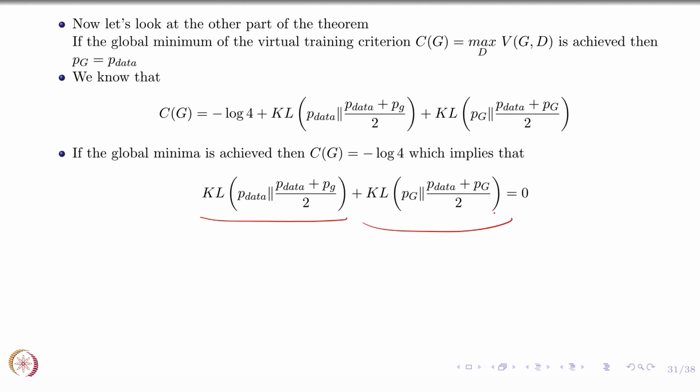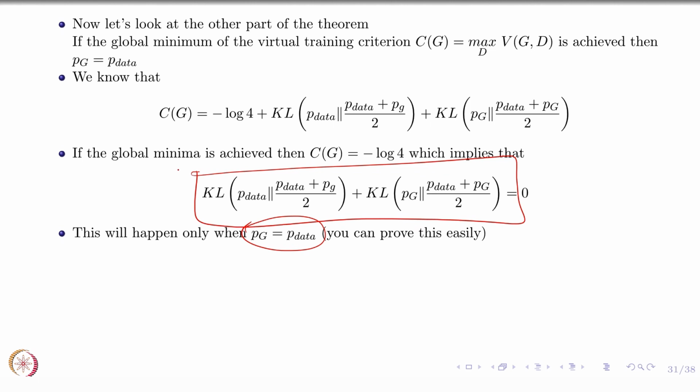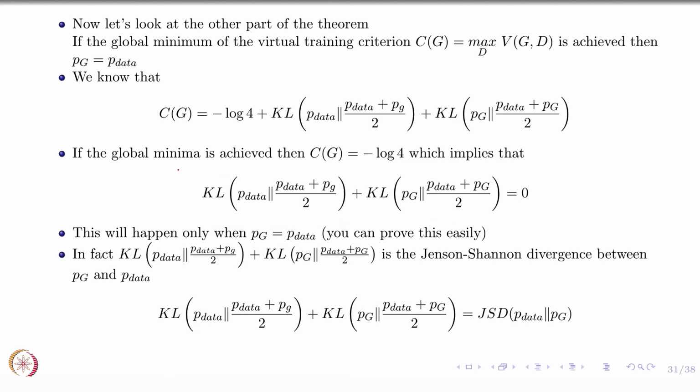Since KL divergence can only be greater than or equal to 0, these two terms cannot cancel each other, so they both have to go to 0. And you can easily prove that this will happen only if PG is equal to P data. In fact, you don't even need to prove that. Whatever I have written here is actually the symmetric version of KL divergence, and it is known as the Jensen-Shannon divergence.